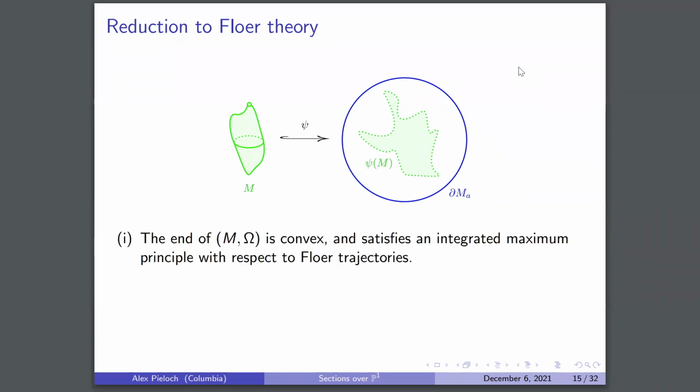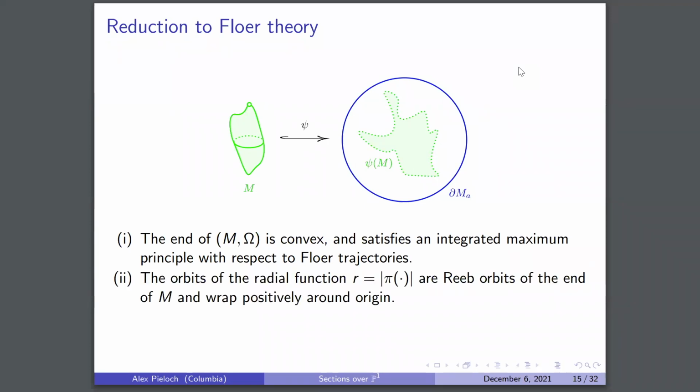Okay, so I've been using the word convex. This space is convex, and the sense in which it is convex is that it satisfies an integrated maximum principle with respect to Floer trajectories. The end of this is not the symplectization of a contact manifold, but for all intents and purposes, the Floer theory behaves as if it were just the symplectization of a contact manifold.